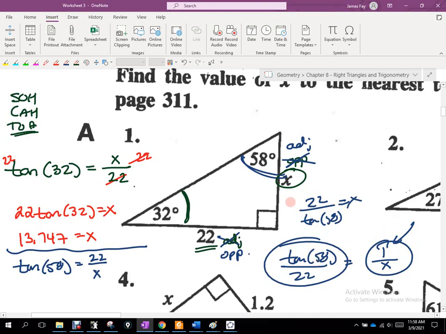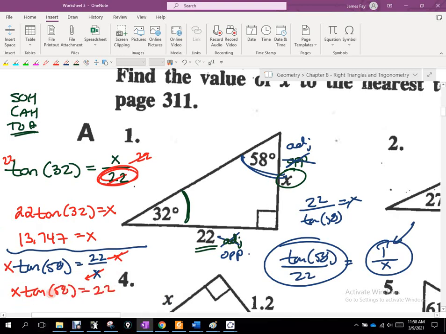Okay? But just because this variable is in the bottom, it doesn't matter what's in the bottom, whether it's a number like it was up here or it is the variable, I still have to multiply both sides by that thing. And they cancel because I've got to get rid of the fraction. So I do that. So now I get x times tangent of 58 is equal to 22.